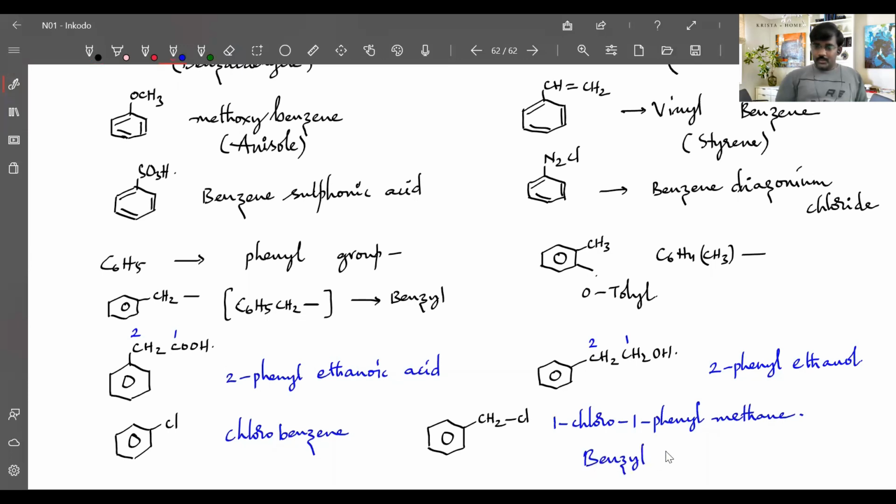Already I told you that the C6H5CH2 part is the benzyl part, a benzyl substituent. On that benzyl group, chlorine is there, so you can say benzyl chloride. Likewise, we need to give names.